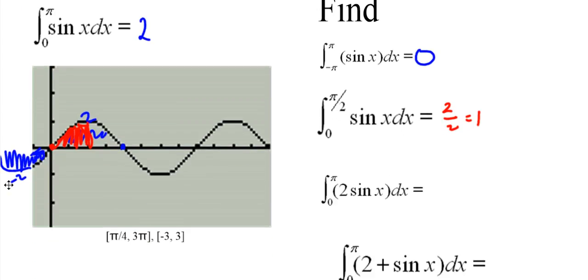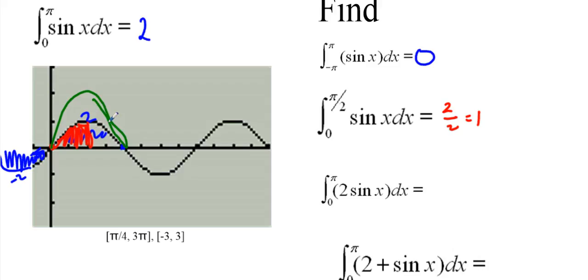And that would be the area underneath that curve and displacement as well. Another thing is, if we took 2 sine of x, what's happening from 0 to pi? Well, what is happening when we have the 2 here? We're essentially making this twice as big. So what are we going to do with the area? Our area is going to be twice as big because our new graph, instead of being at 1, is going to go up to 2 and come down.